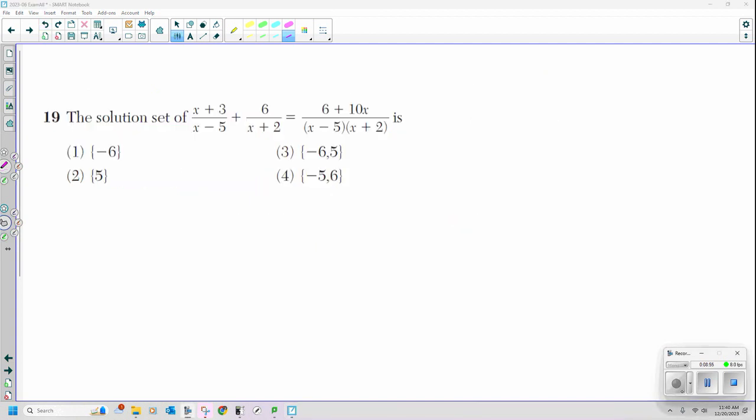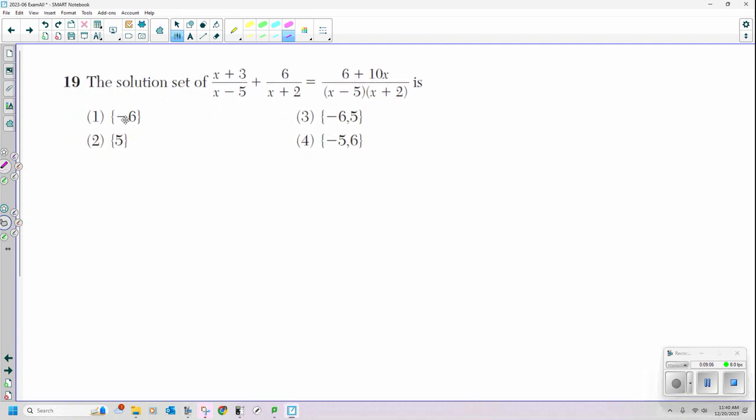Okay, we are back to just some basic algebra. We are going to use a graphing calculator to solve this one. I could do this algebraically, and perhaps I should, but this is a multiple choice question. If it were a test, use a calculator. You don't have to show your work. So what happens when I have an equation that has only one variable?